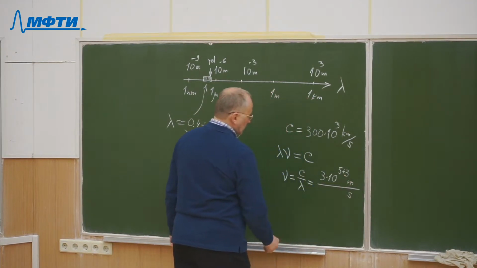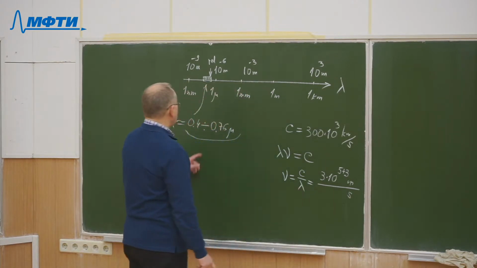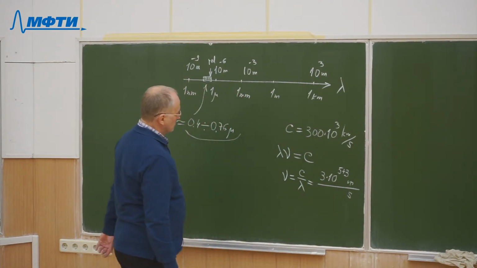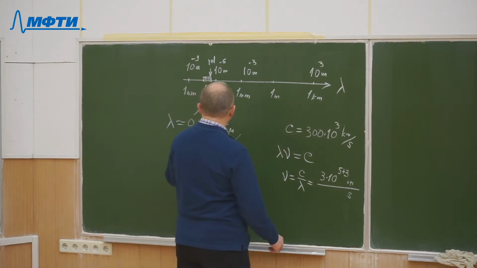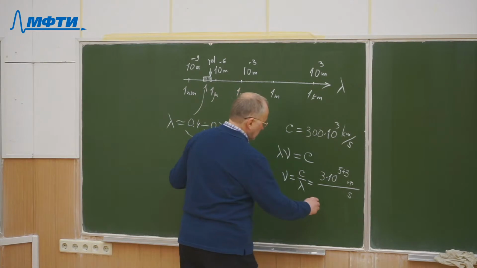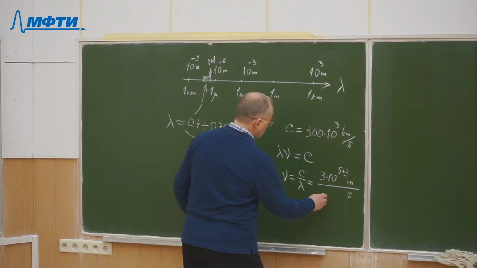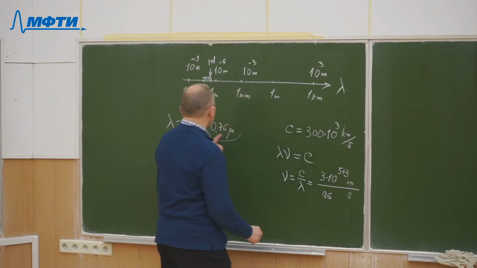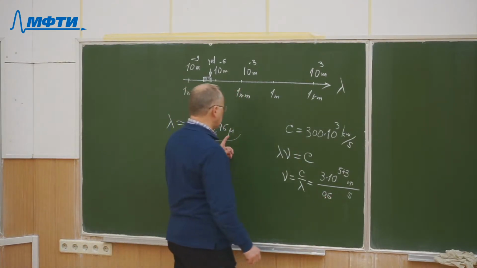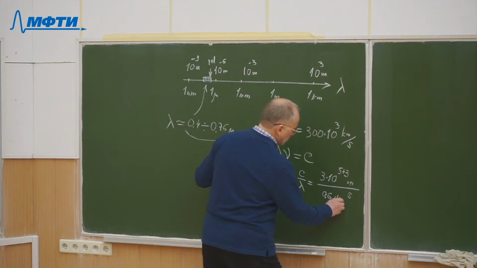Meters per second. And also I will divide it by some wavelength, let's take 0.6, somewhere in the middle of this interval, 0.6 microns. A micron is 10 to the minus 6 meters.